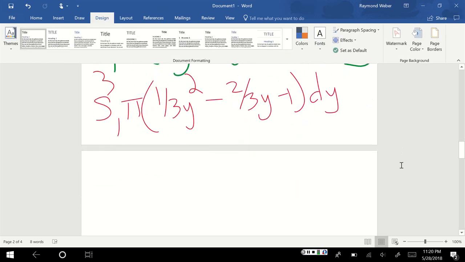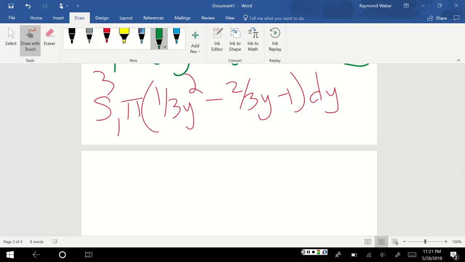Okay, I can take the integral of this now. That was a page of algebra to get here. Calculus isn't hard. The algebra is killer. So at this point, carrying this pi along, add 1.